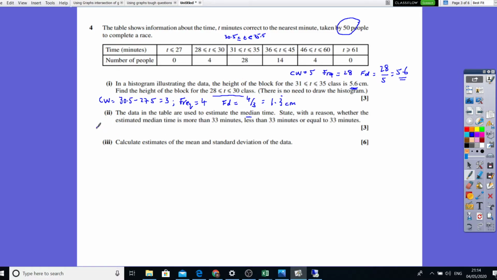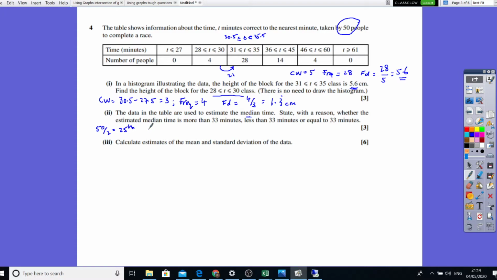I'm going to do 50 shared by 2. That's going to give me the 25th value. I'm going to see where the 25th value lies. Looking at 25th, I've got 4 values lying here, so I need to add 21 on this. I want the 21st value, because 21 plus 4 is 25. So we need to know where that 21st value lies in this 28.